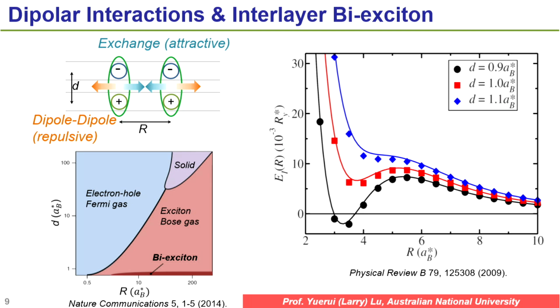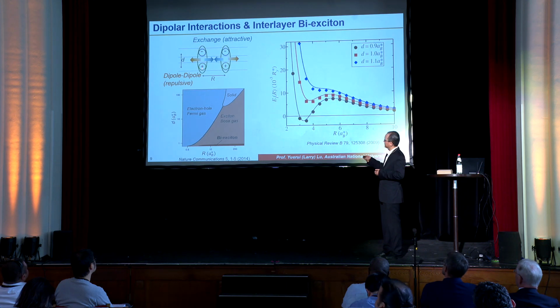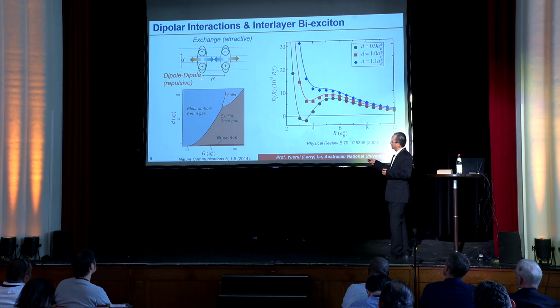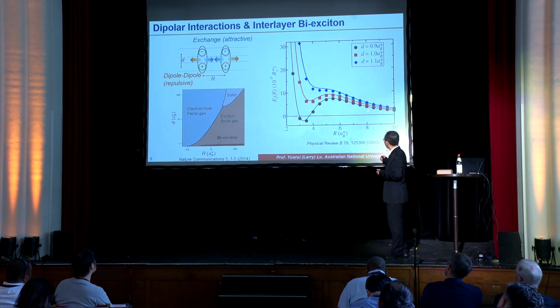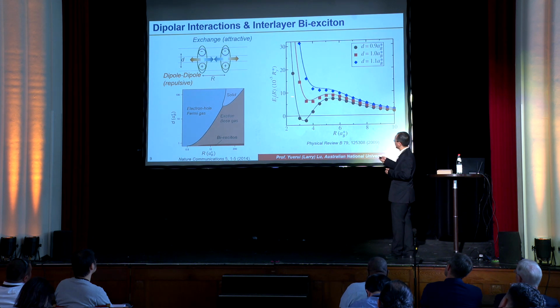So in this kind of dipolar exciton system, if we look at the interaction between two interlayer excitons, you can see here that when those two interlayer excitons are far away from each other, this repulsive dipole interaction will be dominant in the system. So that's why you can see the average energy in the system will be positive.